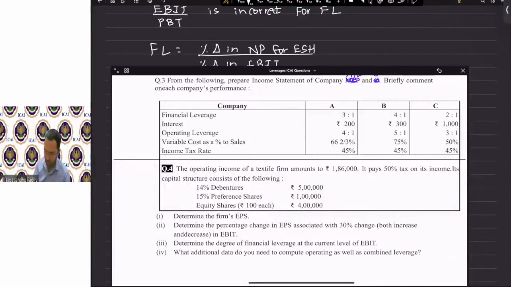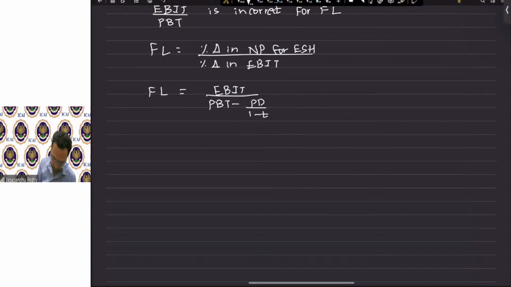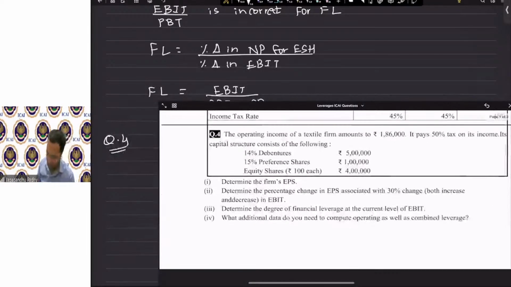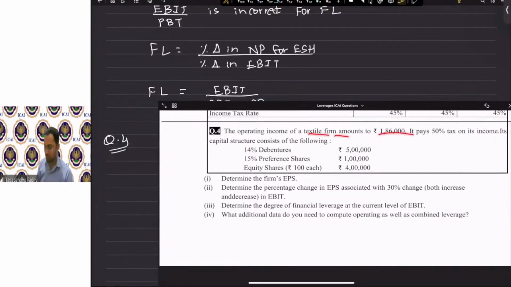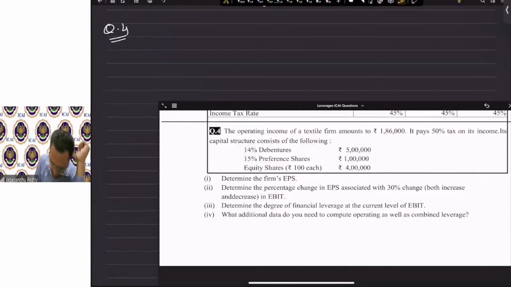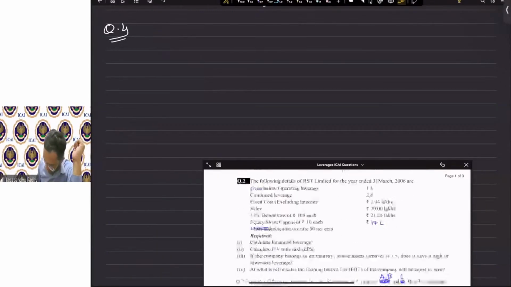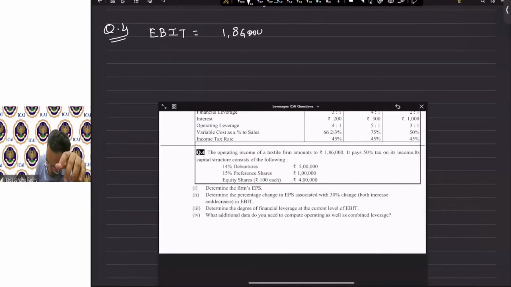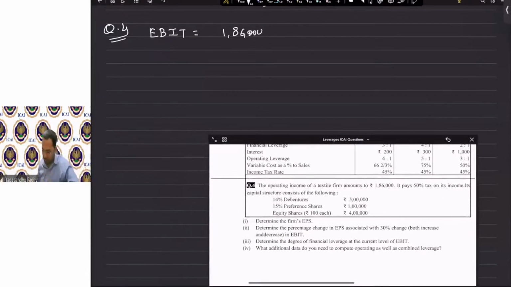We can simply take up this question also. Question 4. The operating income of a textile firm amounts to 1,86,000. When I say operating income, we're talking of EBIT, earnings before interest and tax of 1,86,000.